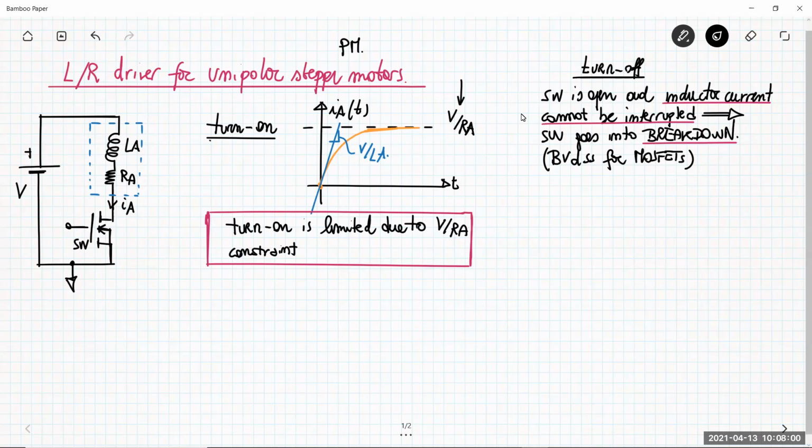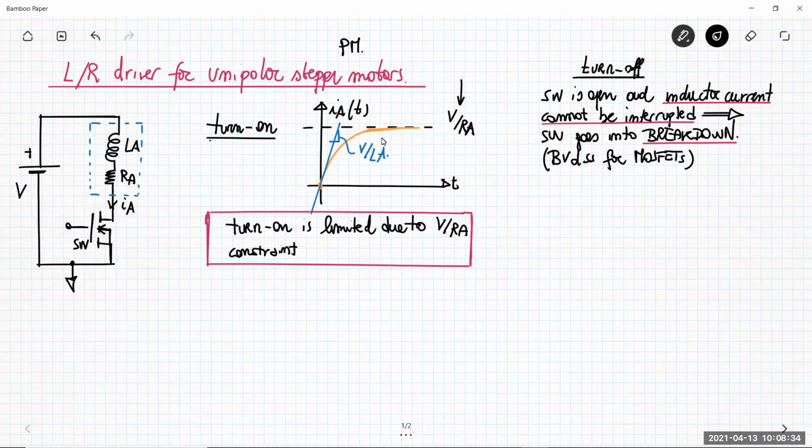What happens during turn off? During turn off, you have the interruption of the current because the switch is commanded to be an open circuit, so the current should suddenly go to zero. This is not possible. The inductance in the winding of the phase has stored magnetic energy due to the previous phase in which the current was flowing.